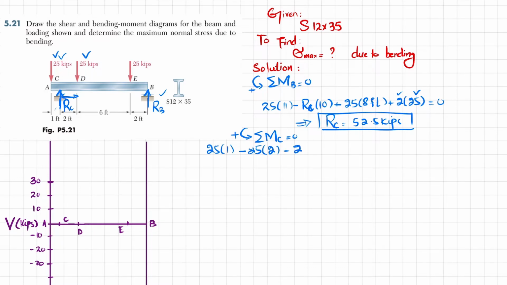Minus 25 into perpendicular distance 8, and the last one, plus RB into total perpendicular distance 10. Their sum must be equal to 0. When you calculate it, RB will be equal to 22.5 kips. Now we have RC and RB.